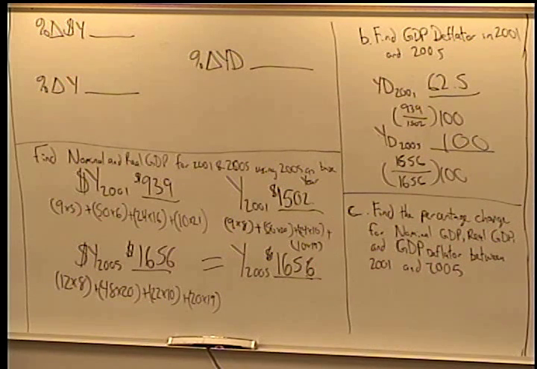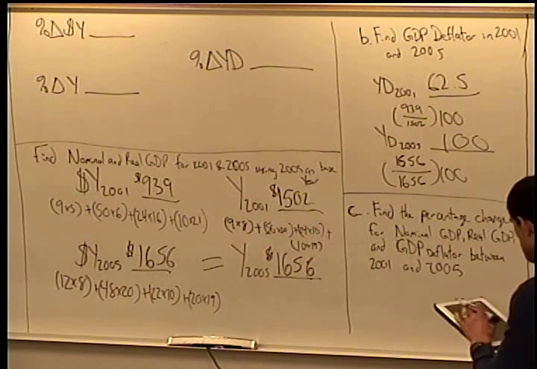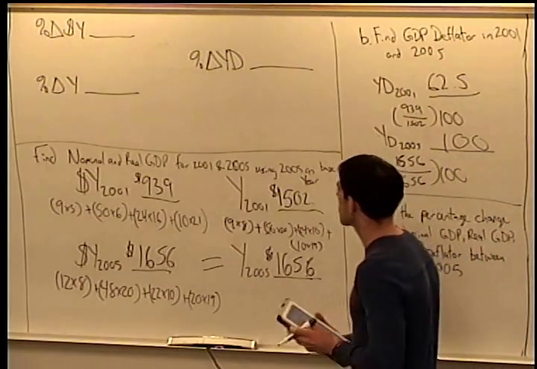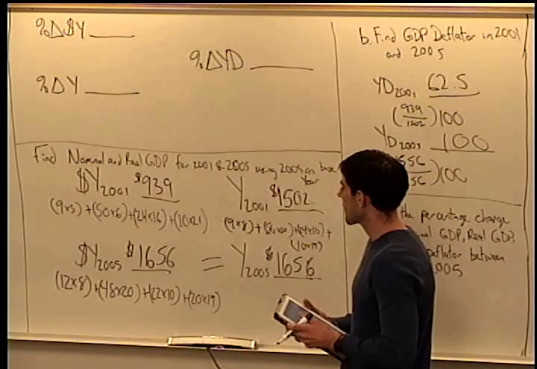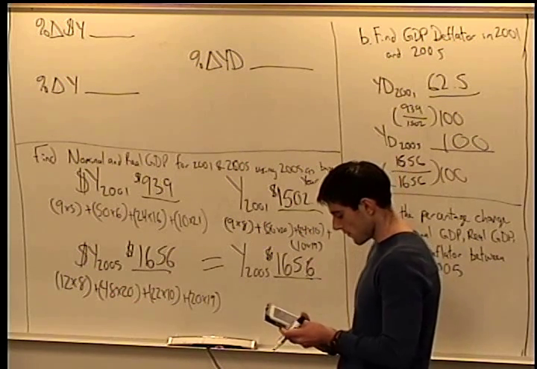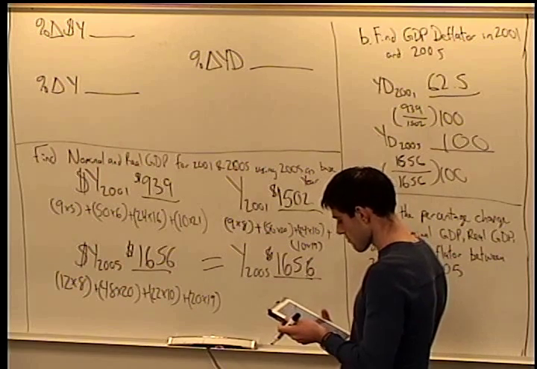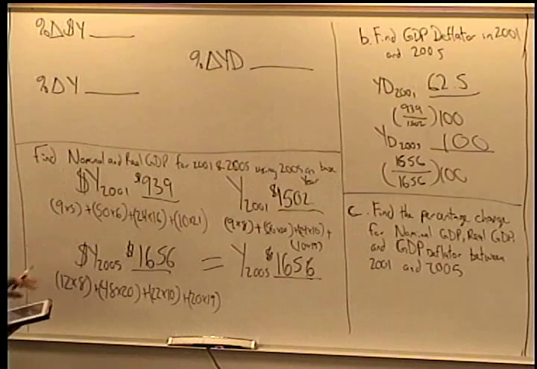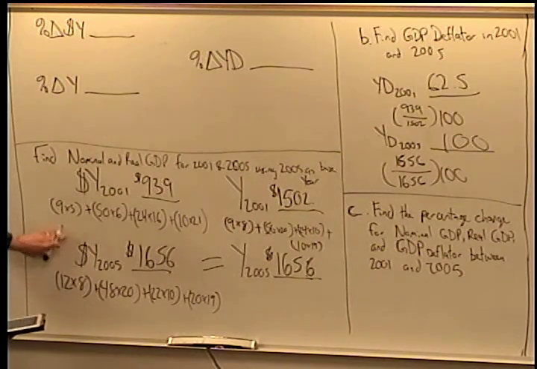We'll define the percentage change in nominal GDP. I always take the newer number of nominal GDP minus the older number of nominal GDP, divided by the older number of nominal GDP. So here's my nominal GDP, so I'm using this number and this number. I take the newer number minus the old number divided by the old number.